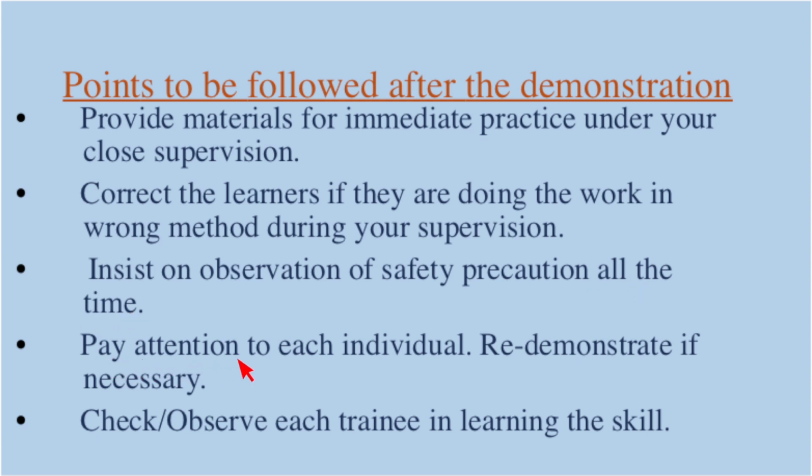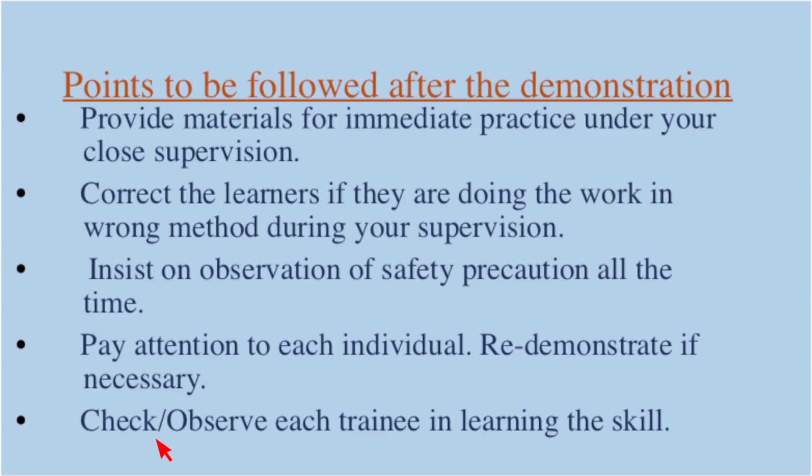Pay attention to each individual. Re-demonstrate if necessary. We have to pay attention to each trainee in the class and re-demonstrate if it is necessary. Check or observe each trainee in learning the skill. While the trainees are practicing, we have to go through each trainee and monitor each of them.